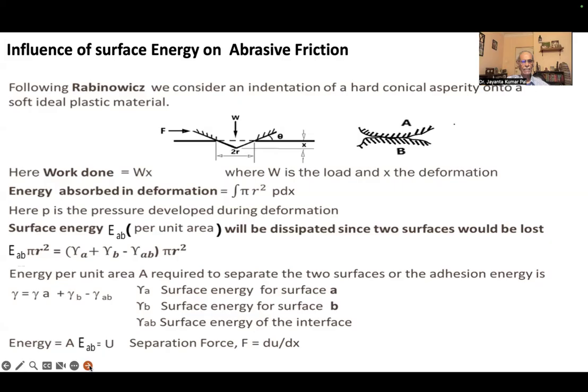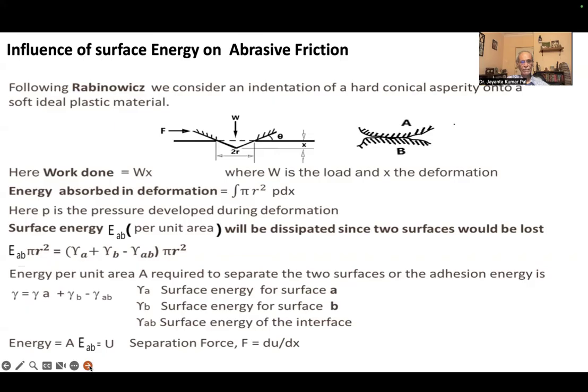Now, surface energy, here we are given it as EAB, is usually given per unit area, and will be dissipated because two surfaces would be lost when we are making contact. Now, surface energy per unit area, gamma, is given as gamma A plus gamma B minus gamma AB.